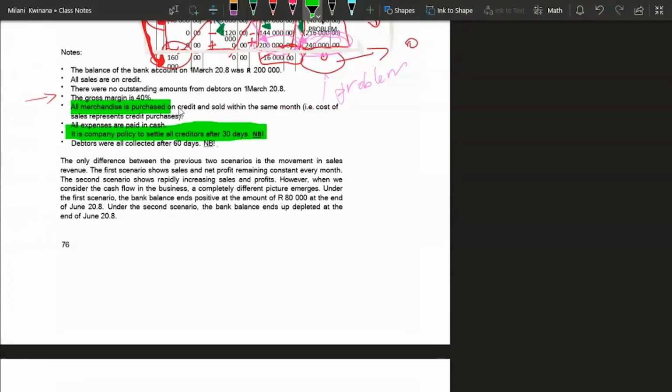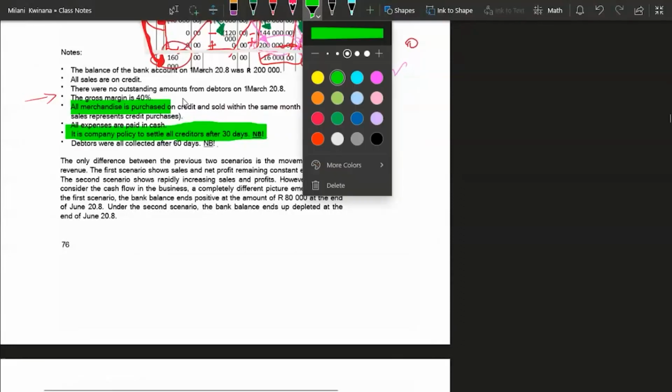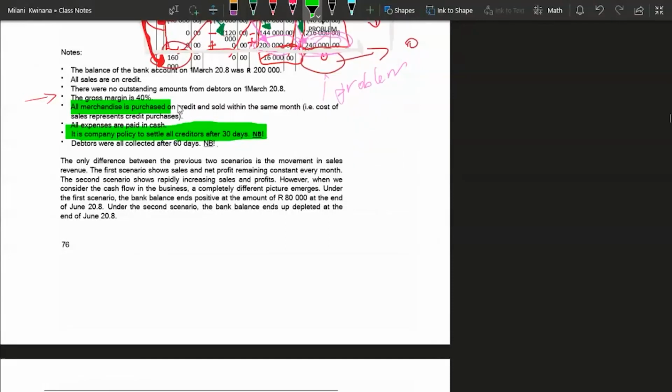Understand that? Yes, sir. And that period doesn't change. It stayed the same, right? They say all merchandise is purchased on credit and sold within the same month. On credit, sold within the same month. Which is why the cost of sales represents credit purchases. So we are purchasing and then we are selling.